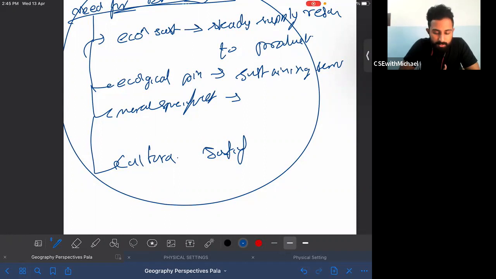Now, cultural justification, the last one. Indigenous people depend upon their local ecosystem for survival.